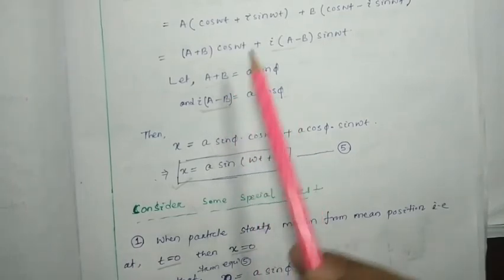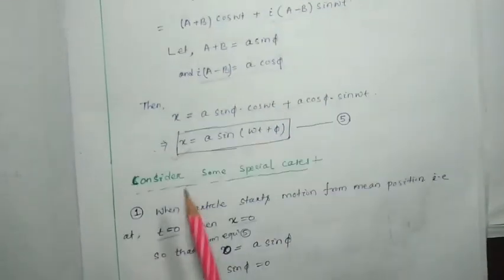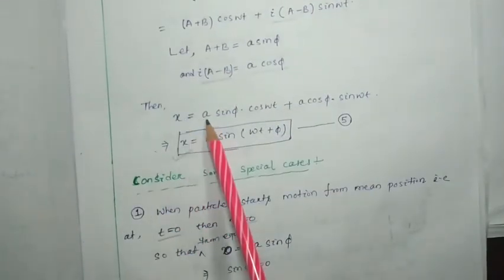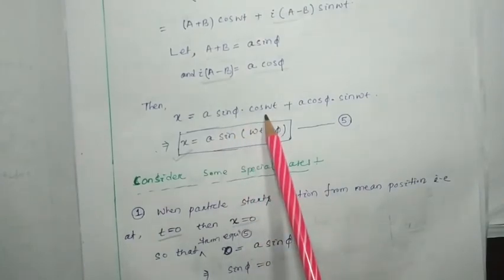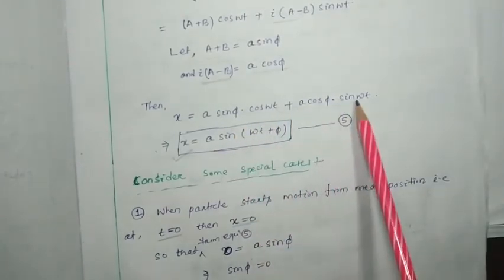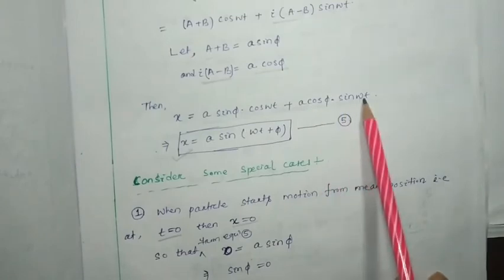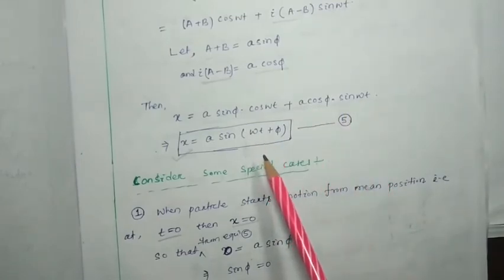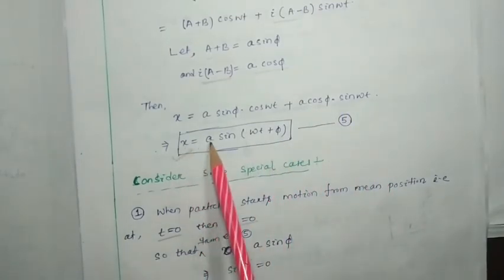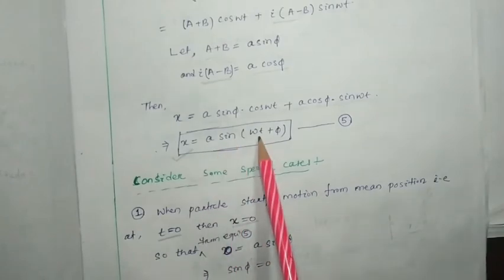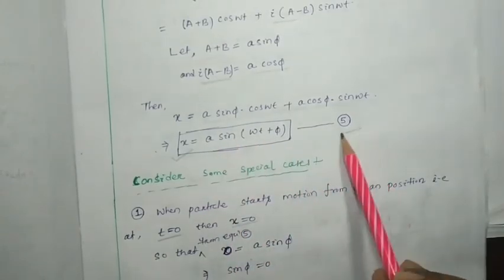Okay. So the above equation will be x equal to A sin phi into cos omega t plus A cos phi into sin omega t. This is nothing but the sin A plus B formula. So we can write x equal to A sin omega t plus phi, let it be equation number 5.